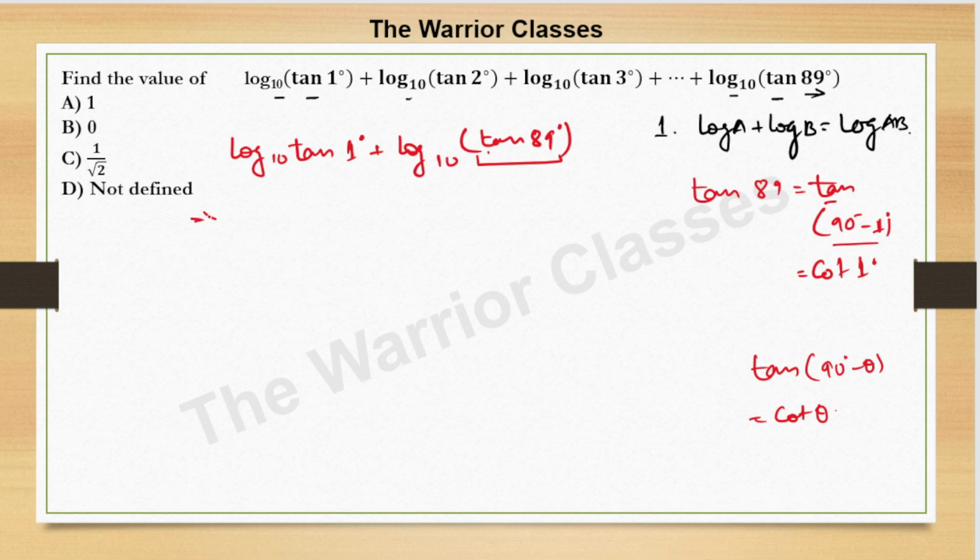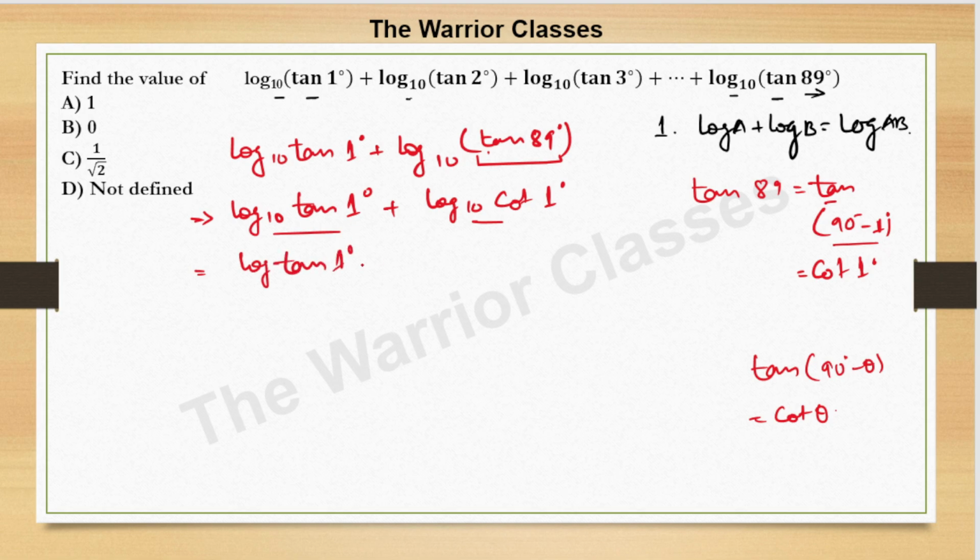So in the next step we can write log base 10 of tan 1 degree plus log base 10 of cot 1 degree, right? Now it is in the form of log a plus log b, and we know it is log ab. A here is tan 1 degree multiplied by b here is cot 1 degree.